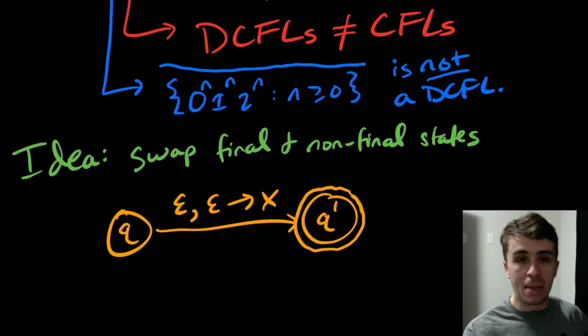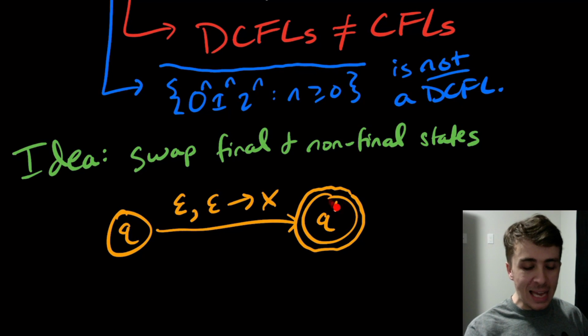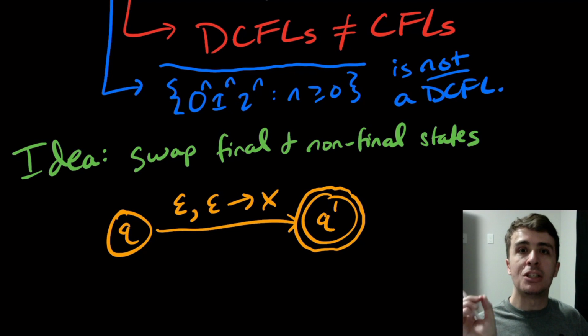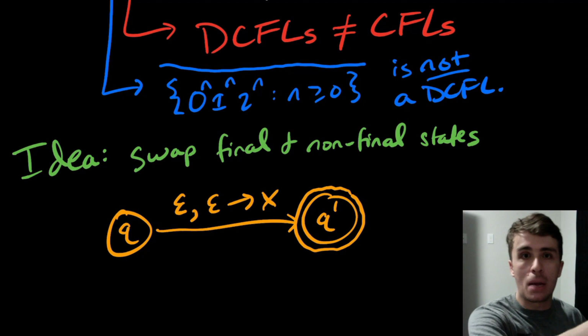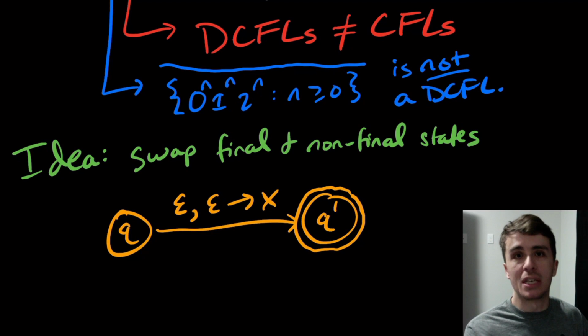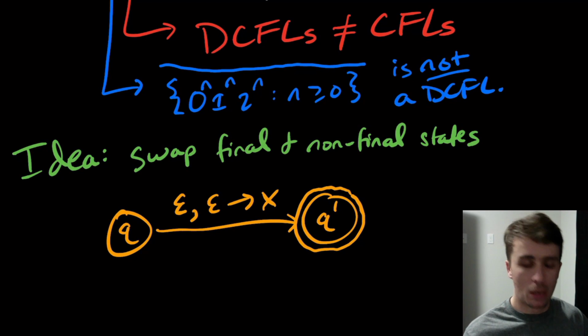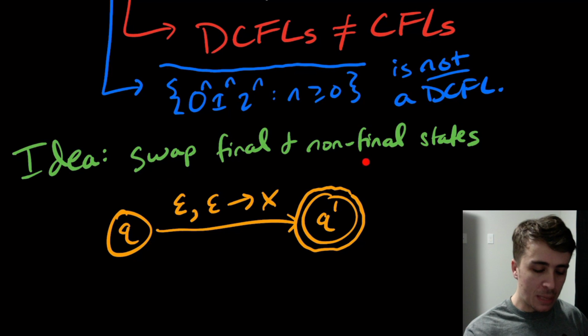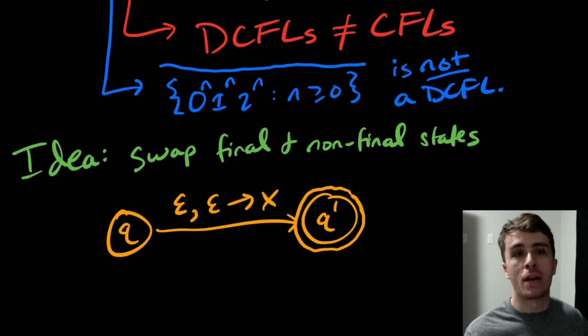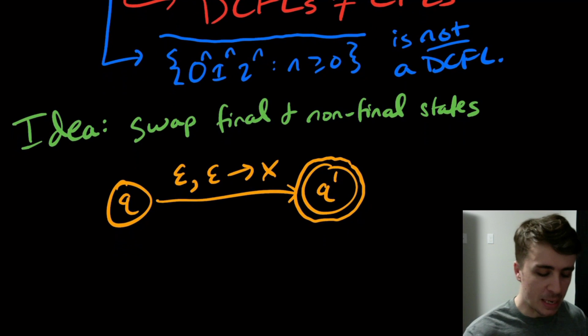And in the complemented machine, if we didn't do anything with the transitions, then I could just stay in the Q state, the accepted version of it. And so in both cases, we would accept the string. So that would imply that that string is in the language and in the complement of the language, which is just impossible. So we would need to do something to the transitions, not just swap the final and non-final states, or maybe something else entirely to the DPDA.